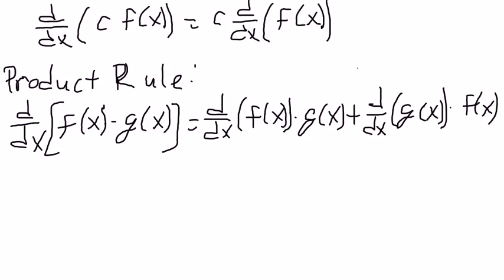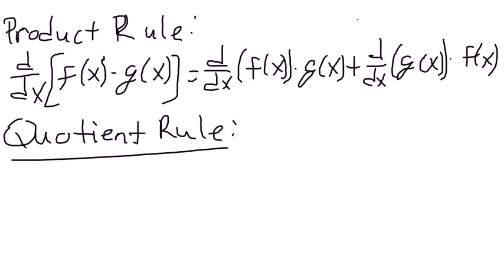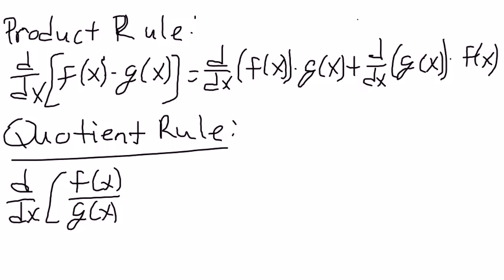Okay, and then the last one we'll go over right now is the quotient rule. And that's going to be when you have a quotient, obviously. So that just means the derivative of something that's divided by something else.